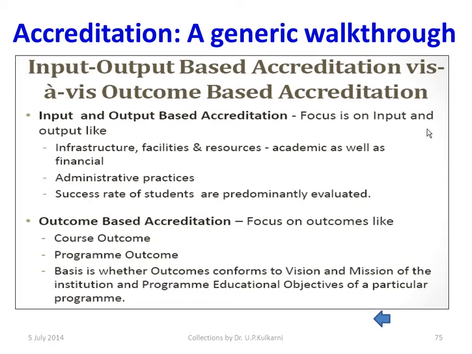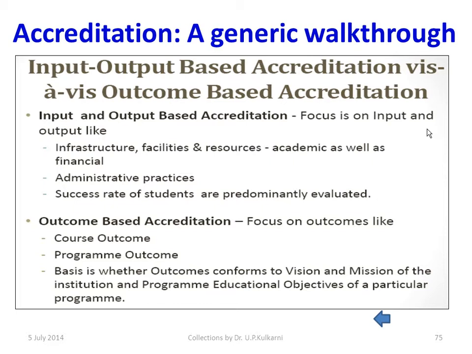Now let's have a look into input-output based accreditation. Till now we were going through all these things, and how outcome-based accreditation is different from this. In input and output based accreditation, the focus is on input and output like infrastructure, facilities, resources, administrative practices, success rate of the students, etc. Whereas outcome-based accreditation focuses on outcomes like course outcomes and program outcomes. The basis is whether the outcomes conform to the vision and mission of the institution and the program educational objectives of a particular program.